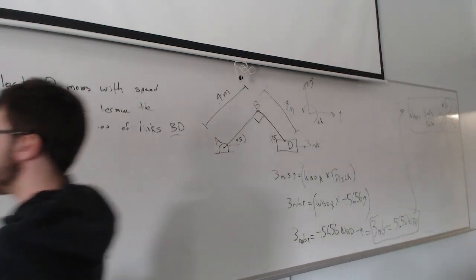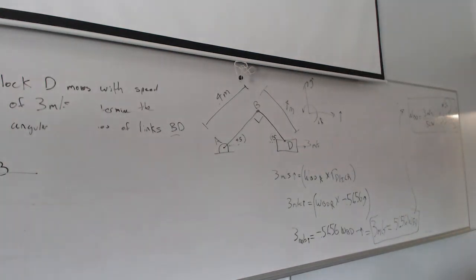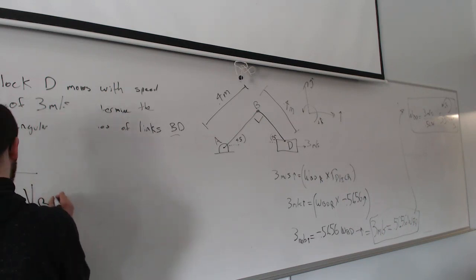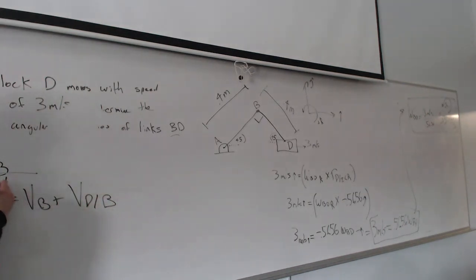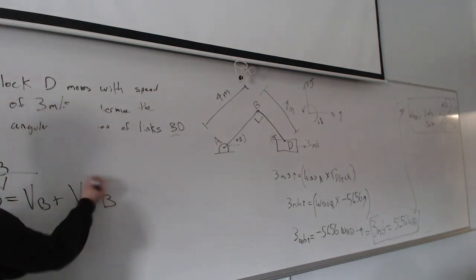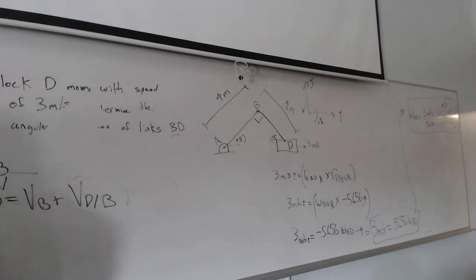All right, so we know the angular velocity of this link now. We can find the angular velocity of link AB. So, solving this, starting again. Velocity of D is equal to velocity of B plus the velocity of D with respect to B. We have velocity of D. I'm going to decompose that once again.